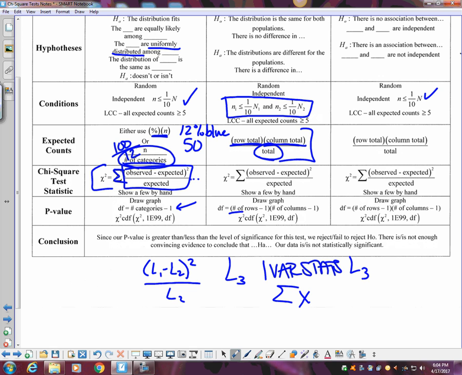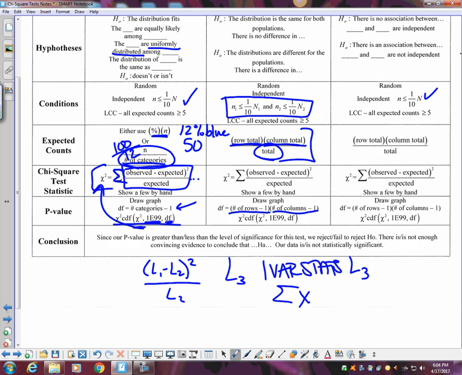For chi-squared, it's number of rows minus 1 times your number of columns minus 1. Degrees of freedom are usually very small for chi-squared tests because it has to do with the table, and usually they're not going to give you a ginormous table to do one of these. And then you do your chi-squared CDF from your chi-squared that you get from here to infinity, and then put your degrees of freedom in there.